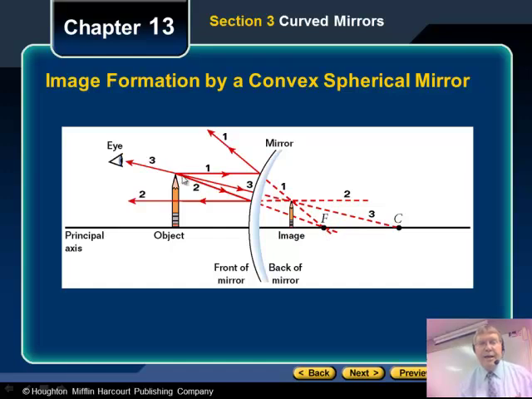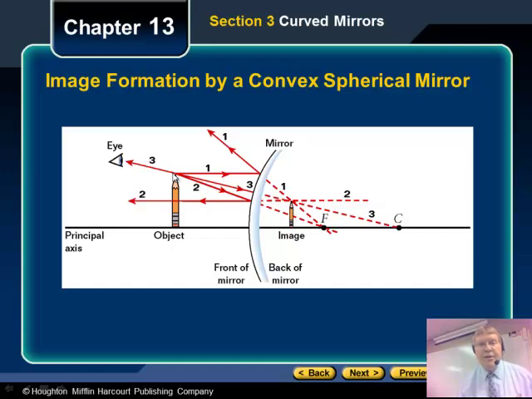The second ray is the ray that would pass through the focus, and that ray gets reflected back parallel to the axis. And you can see that by extending the two reflected rays back, where they intersect, that's where the image is formed.